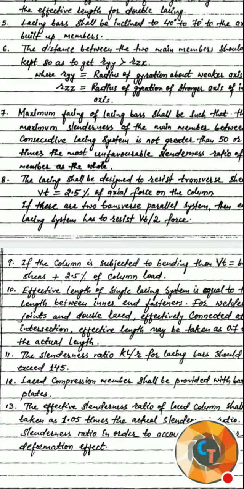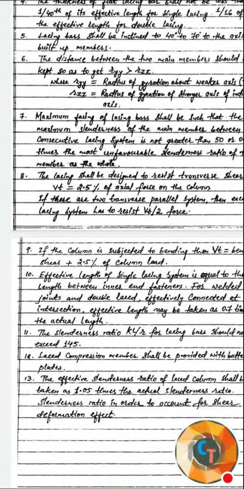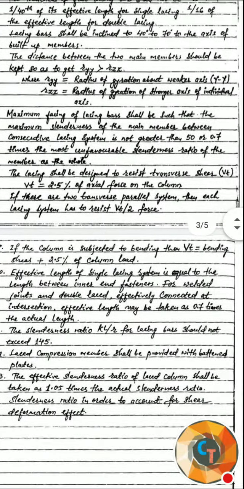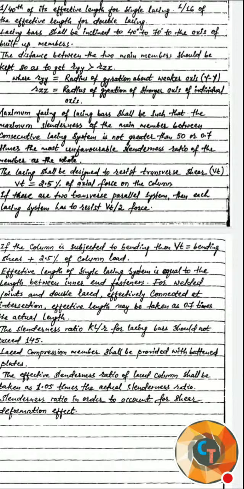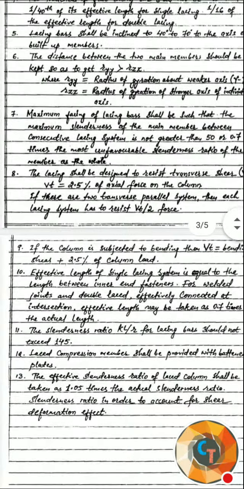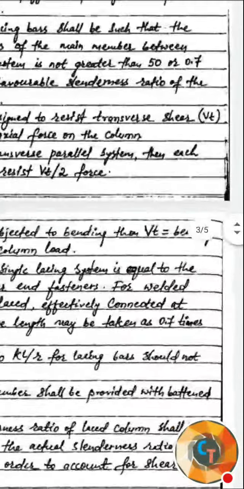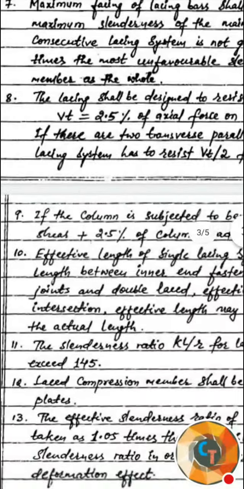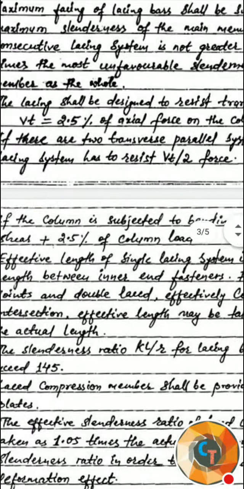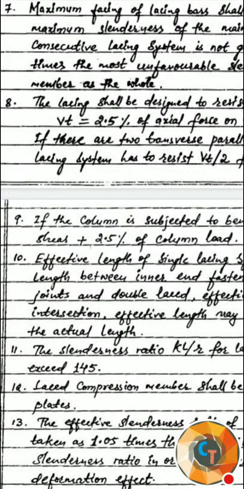Okay, Hina, Amaresh, Ashwini, Mega, fine. So the ninth point is: if the column is subjected to bending, listen here, the VT will change. VT is equal to bending shear plus 2.5% of column load. If it is only subjected to axial load, VT is equal to 2.5% of the axial load.